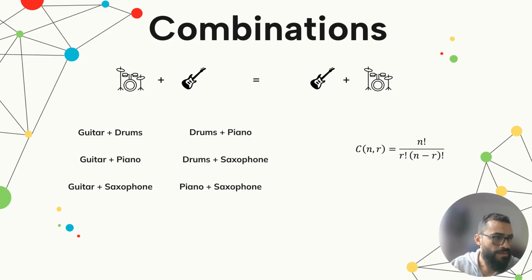Where n means the total of elements that you have in your set, and r the amount of elements that you're gonna select from that set of elements, right? So in here, order doesn't matter. This is something simple, and you have the combinations explained.